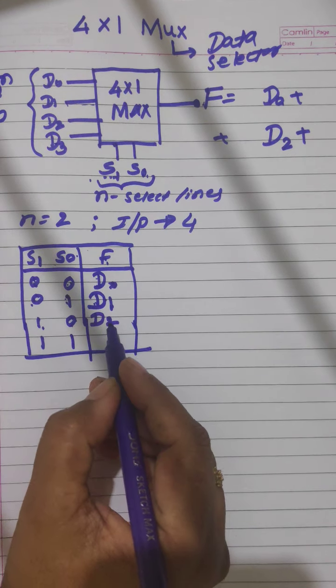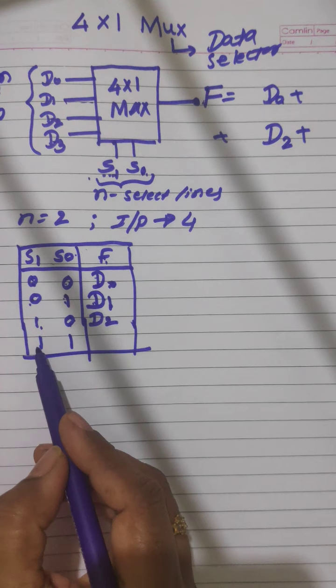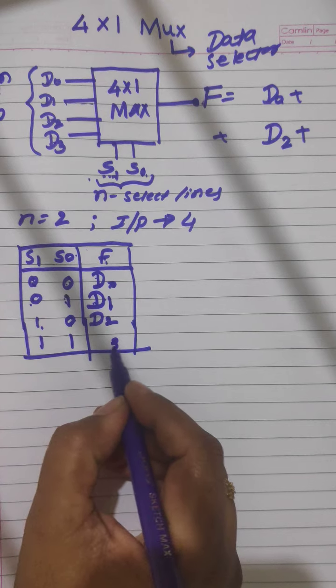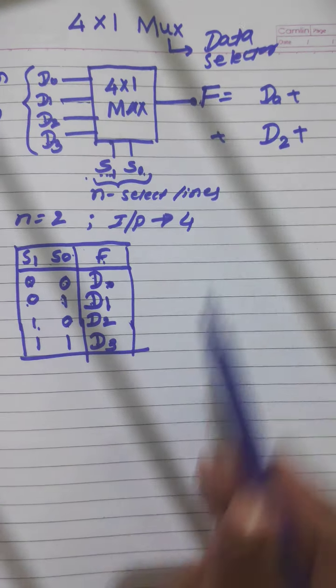Then the D2 input will come at F. 1, 1 means 3. So the D3 input will come at the output.